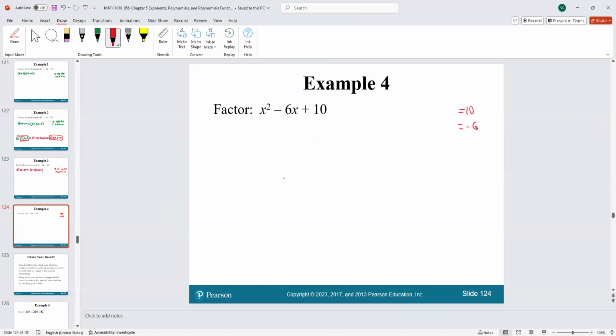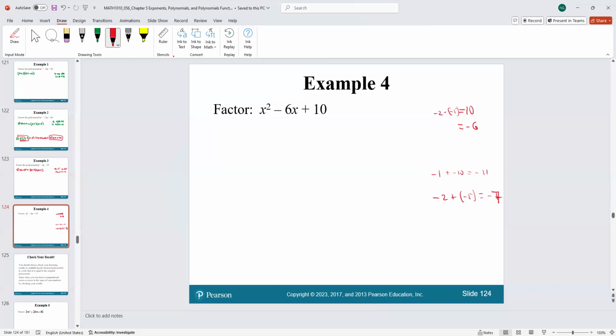Note that if you do negative 1 times negative 10, when you add negative 1 plus negative 10, that would be negative 11. This one doesn't work, so you cannot obtain negative 6 with it. If you do negative 2 times negative 5, of course, that gives positive 10, but negative 2 plus negative 5 gives you negative 7. Okay? So negative 7 is not negative 6.